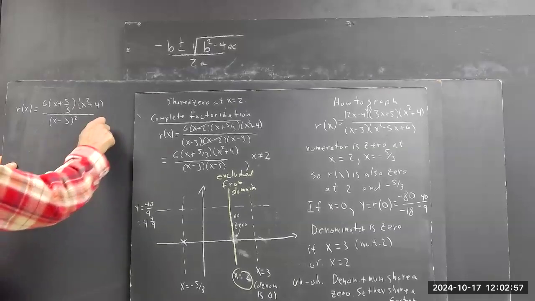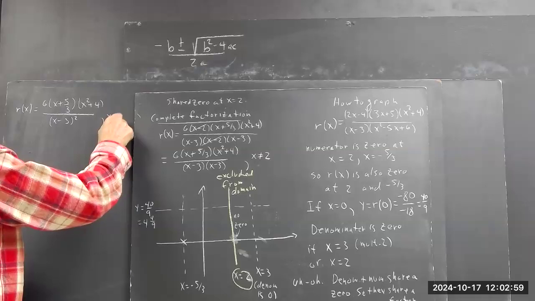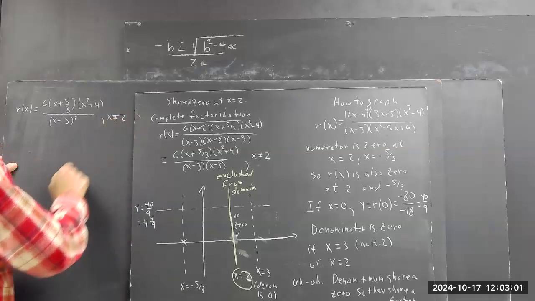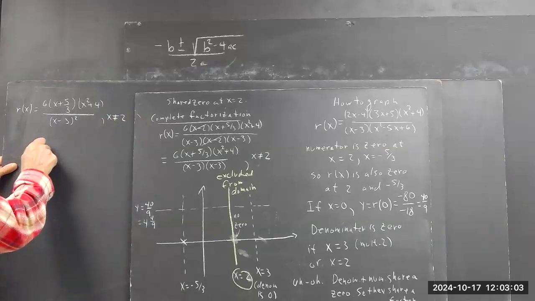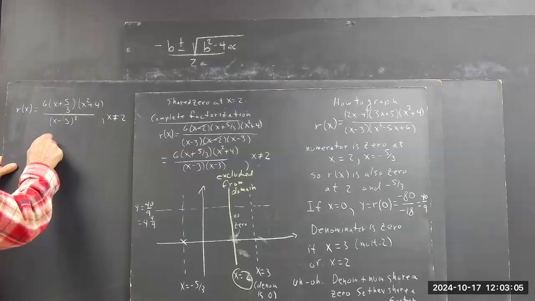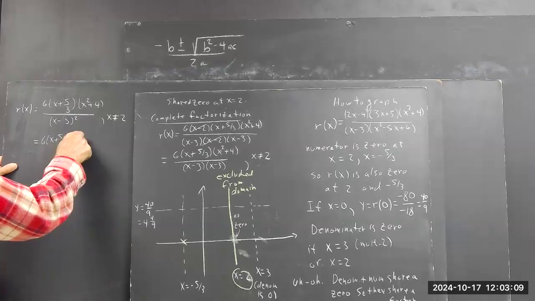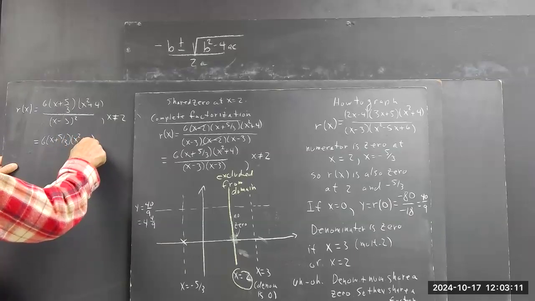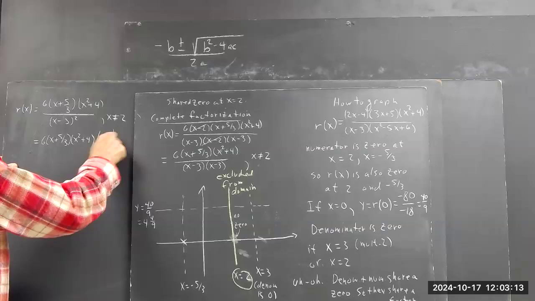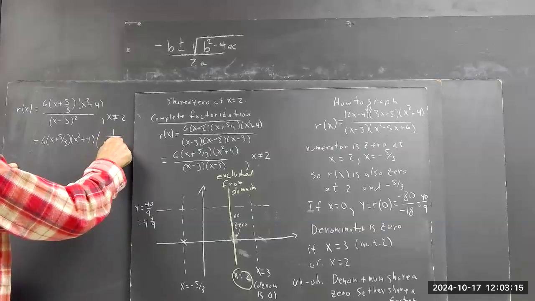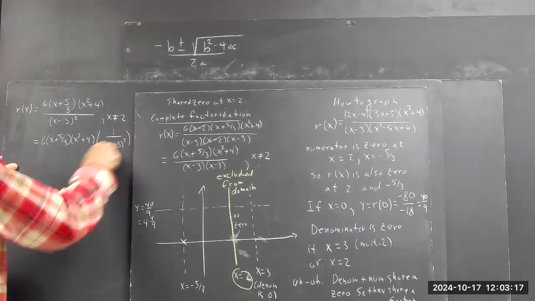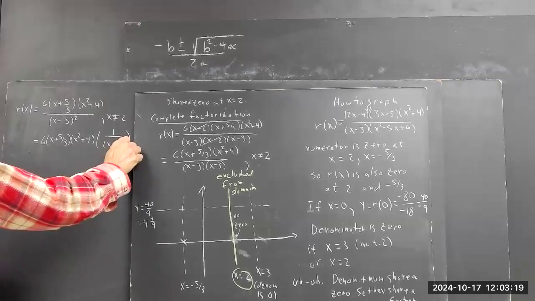Well, this equals, and x not equal to 2. And this equals 6 times x plus 5/3 times x squared plus 4 multiplied by 1 over x minus 3 squared.